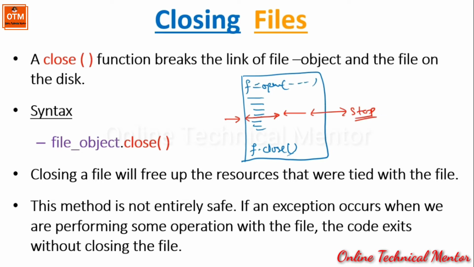Whenever a Python program encounters an exception, the program terminates right there. It will come out of the program, it will show you an error message, and it may happen that the file is not saved properly. So in that case, the file may get corrupted or it cannot be used later. That's why I have said that this method is not entirely safe.